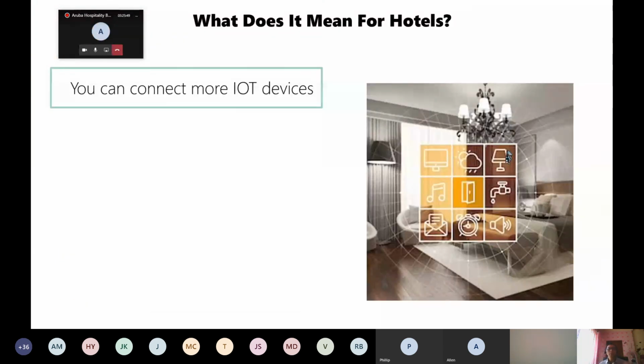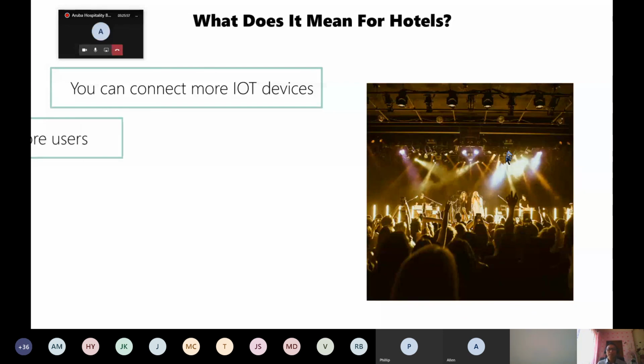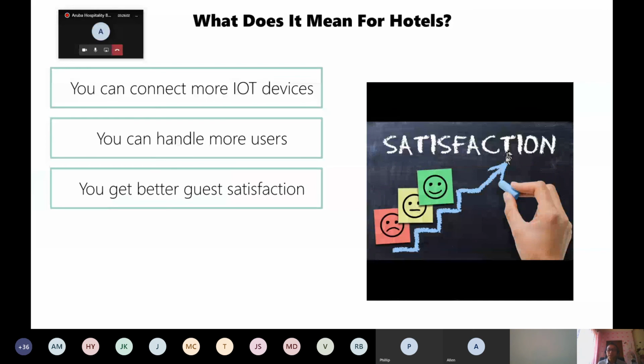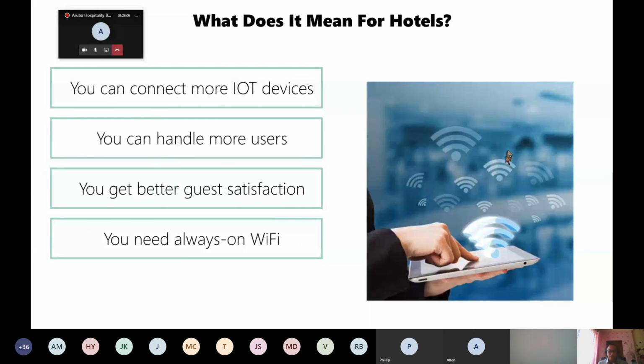What does it all mean for hotels? The first thing is that it allows you to connect more IoT devices. You can handle a lot more users, which means your guest satisfaction will increase. Another thing is that once you put all these IoT devices on, you may suddenly find that your Wi-Fi becomes mission critical. You cannot allow any downtime, or only minimal downtime.